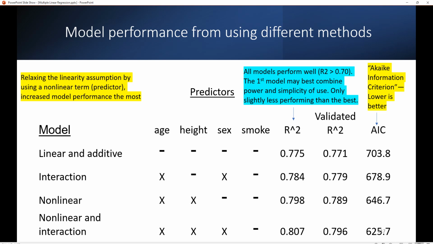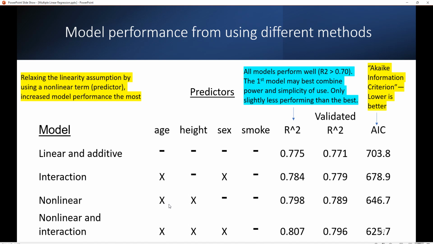And now we're going to compare different models. We just looked at the linear and additive model, which is on the top row. We can see the different variables: age, height, sex, and smoke. And now we're going to look at different models. We have an interaction model, and that's between age and sex. We have a nonlinear model, which is allowing nonlinear terms.